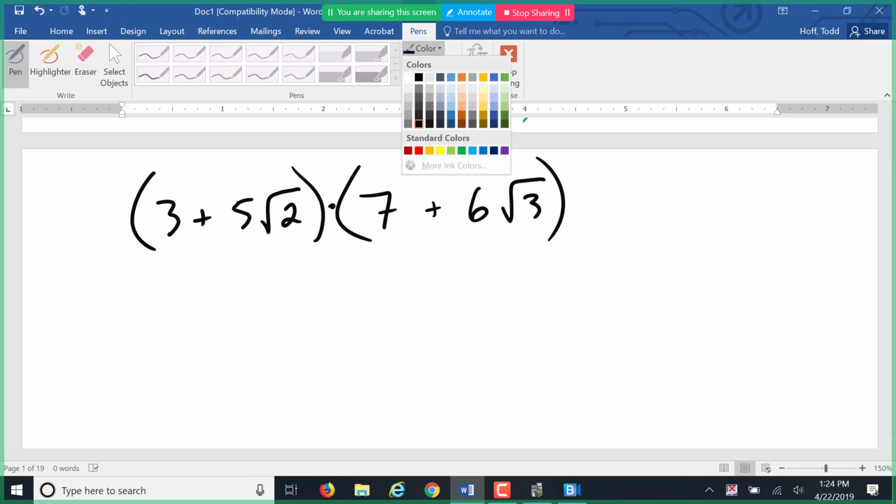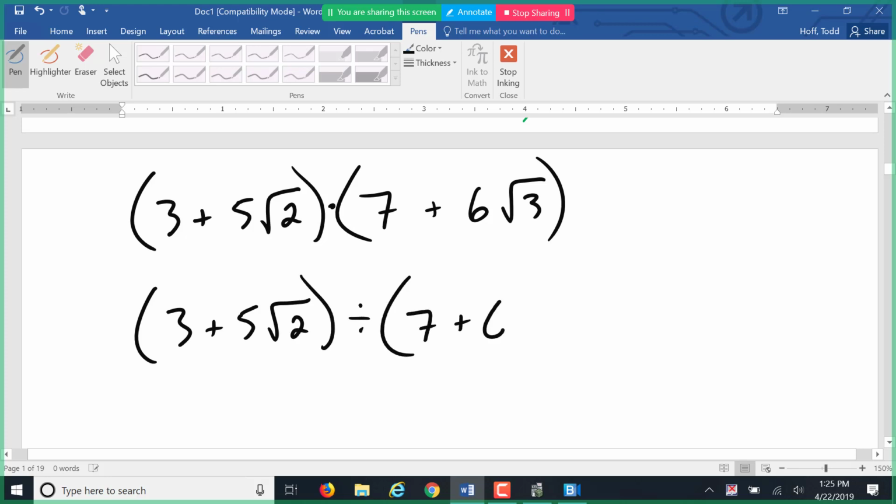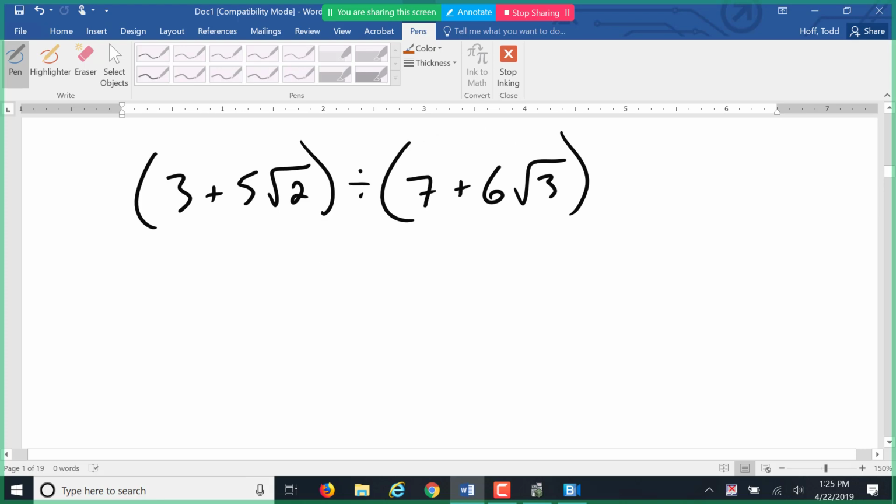If we want to divide radical expressions, the way we do that is we put it in fraction form. 3 plus 5 square roots of 2 over 7 plus 6 square roots of 3.